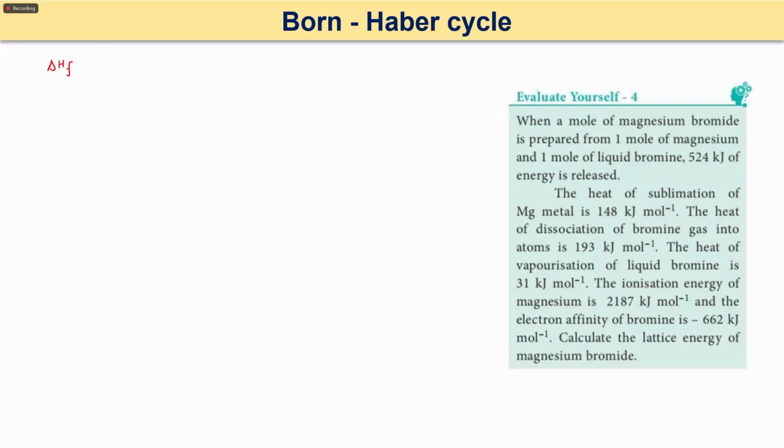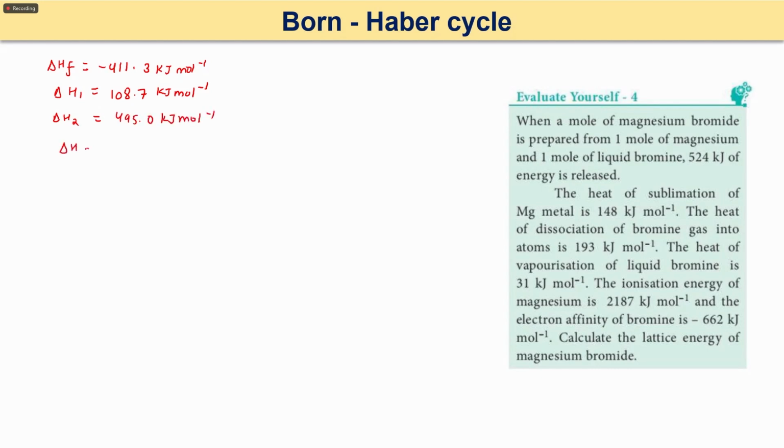Delta Hf is given, minus 411.3 kilojoule per mole. Similarly, delta H1 is given, that is 108.7 kilojoule per mole. Delta H2 is 495.0 kilojoule per mole.